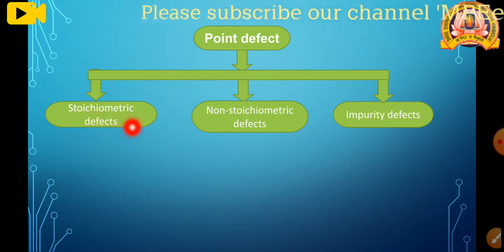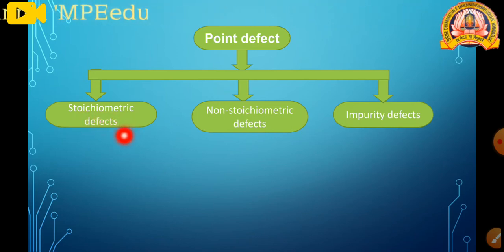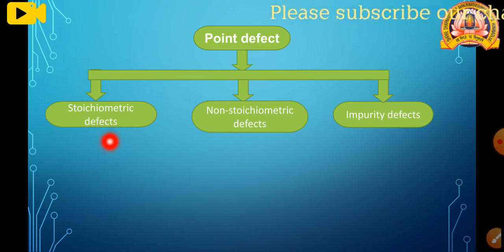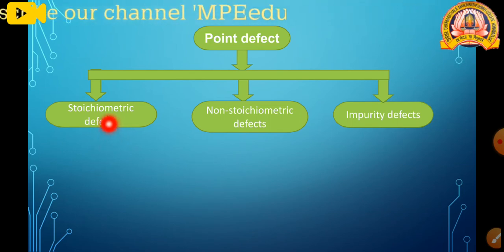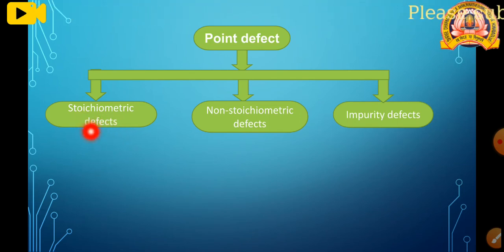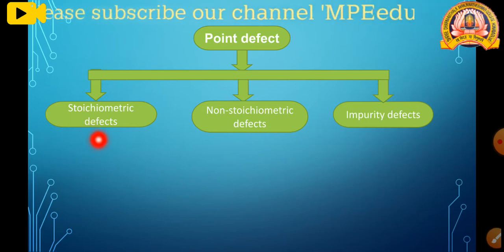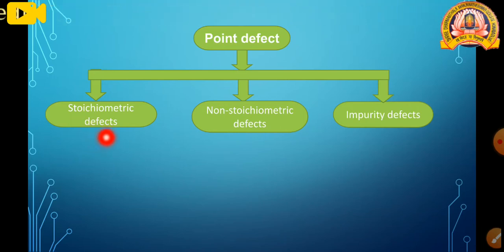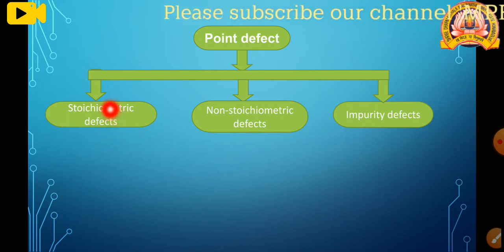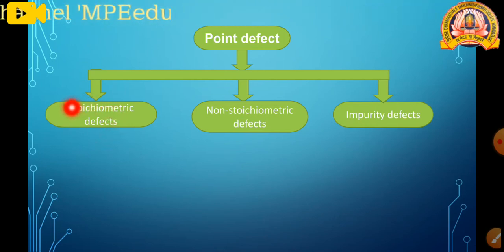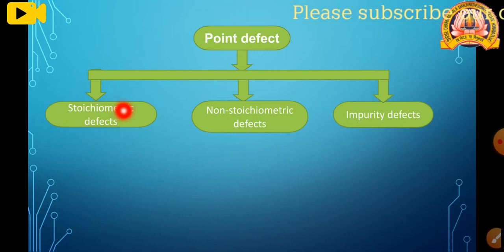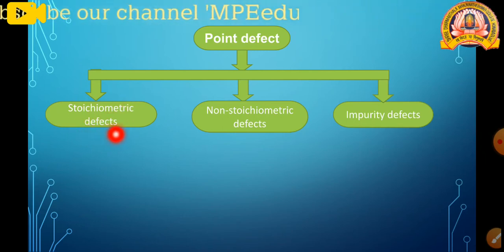The stoichiometric defects are classified based on the ionic and non-ionic type of particles. For non-ionic particles, that means atoms or molecules, the stoichiometric defects are of two types: vacancy defect and interstitial defect.